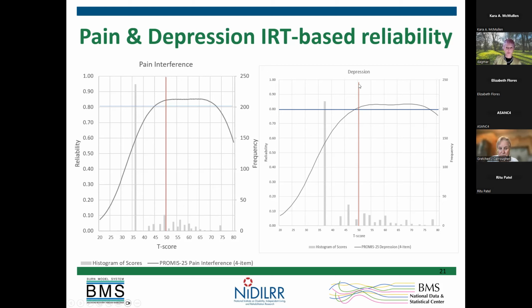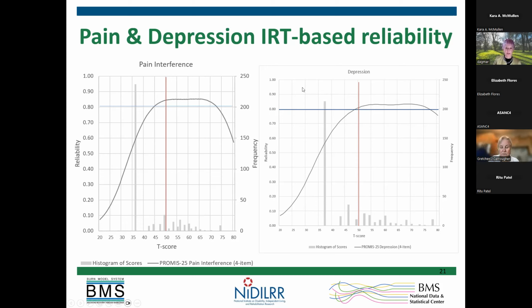On depression, we don't start measuring above 80% reliability until about the mean. So the people who are below the mean, we don't describe very well, and we can't differentiate very well between people who have very little depressive symptoms and very, very little depressive symptoms. Clinically, this is not a problem.